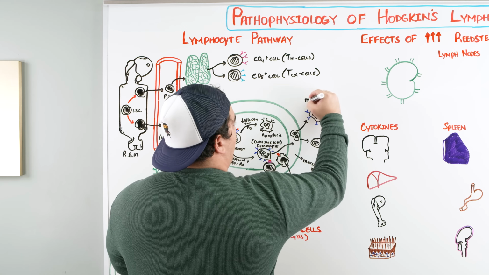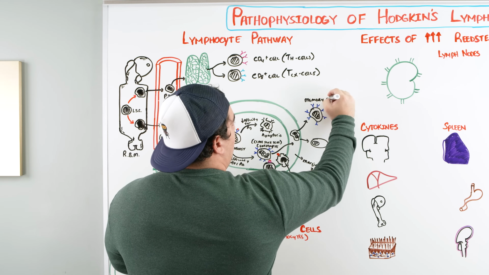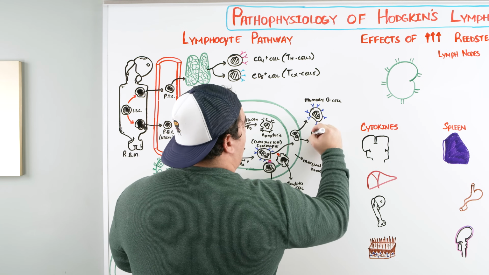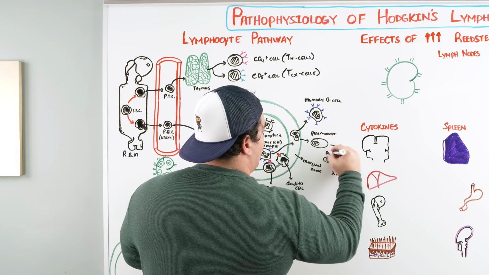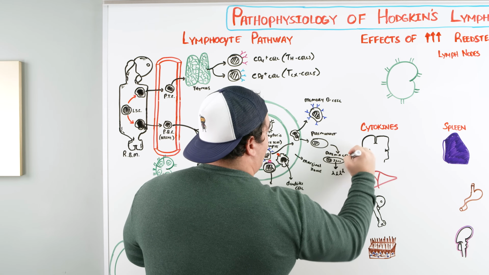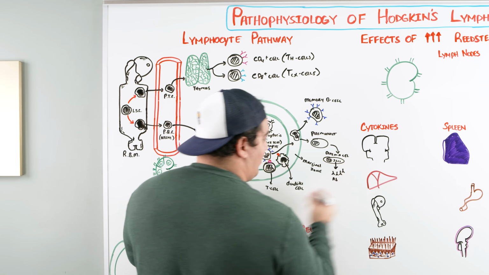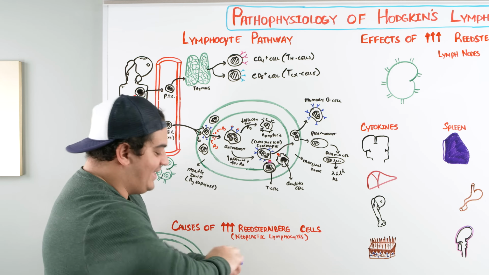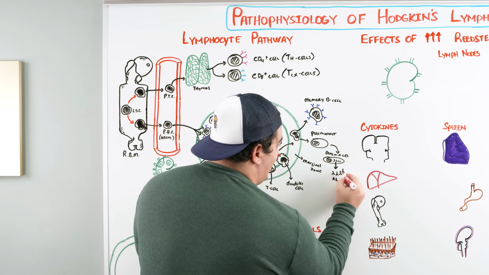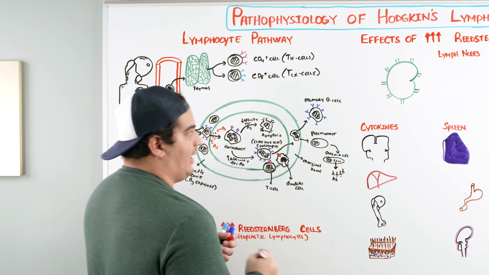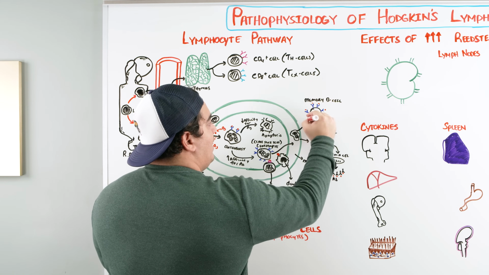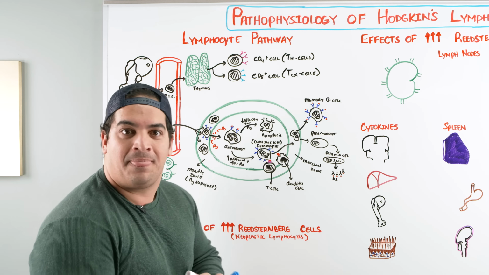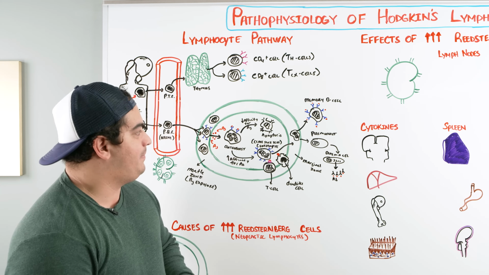So this is called a memory B cell, and this is called a plasmablast, which then becomes a plasma cell, which produces antibodies. And what do these antibodies recognize? These antibodies are supposed to recognize those antigens freely circulating. These memory B cells are supposed to recognize any of these antigens freely circulating. That's the cool concept of these things.